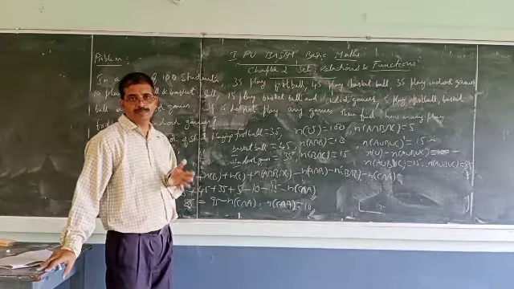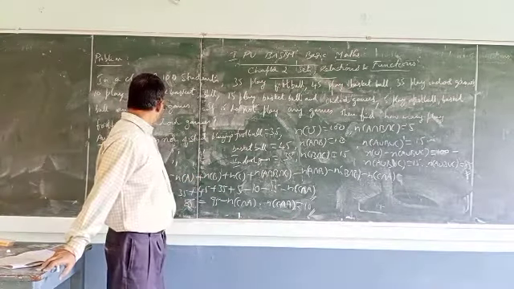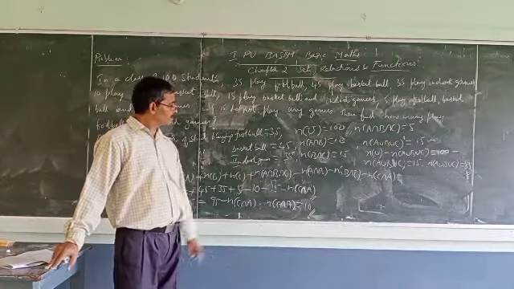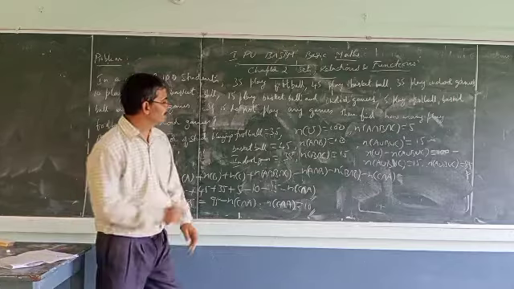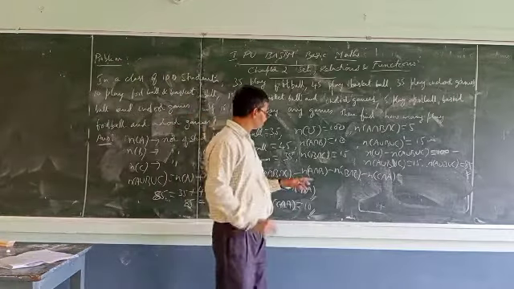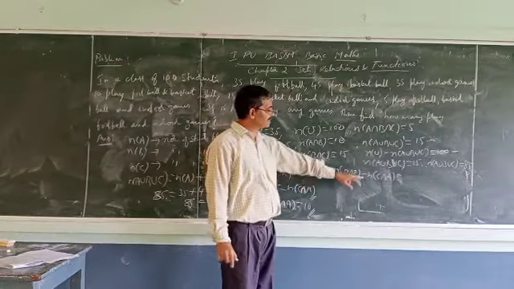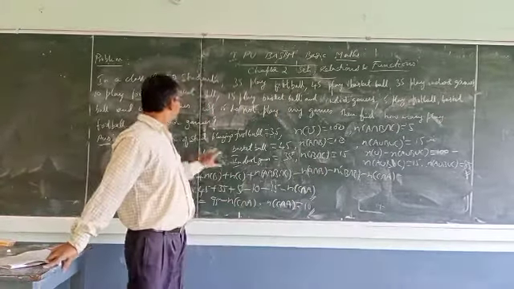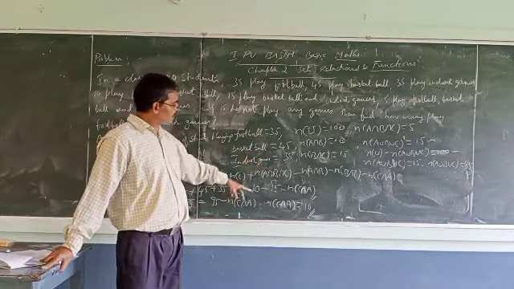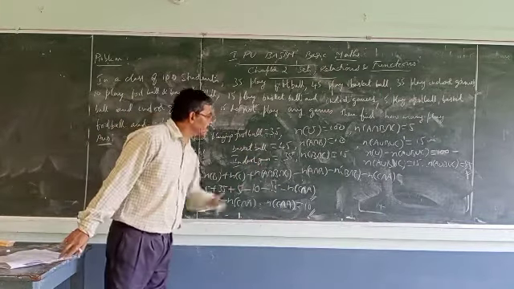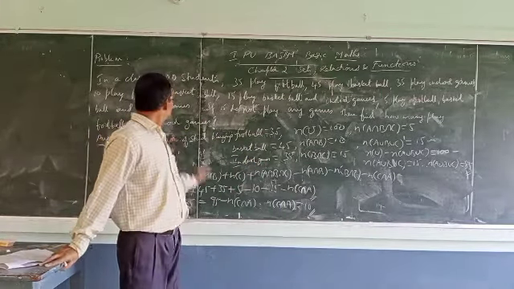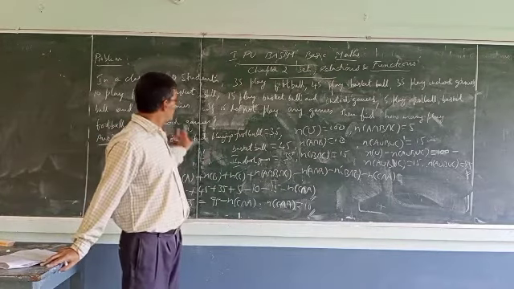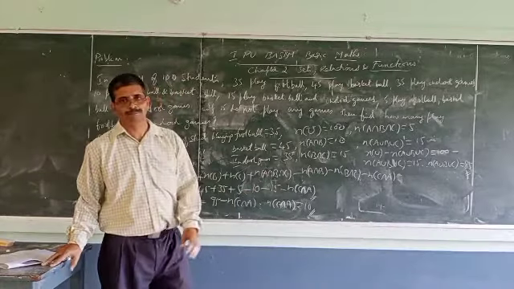Then use the main formula: N of A union B union C equals N of A plus N of B plus N of C plus N of A intersection B intersection C minus N of A intersection B minus N of B intersection C minus N of C intersection A. Identify the values given, simplify, and find the requirement, N of C intersection A. How many play both football and indoor games? That is 10.